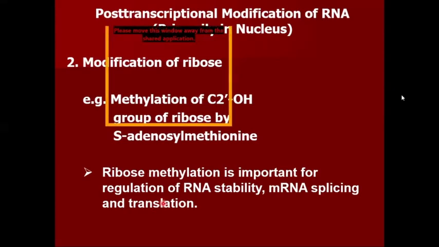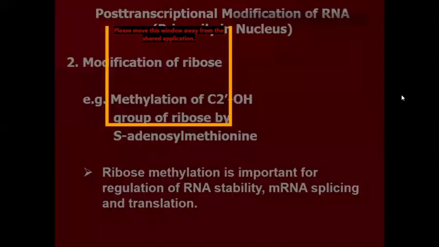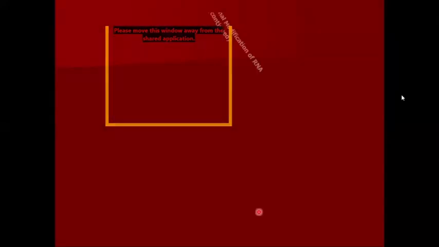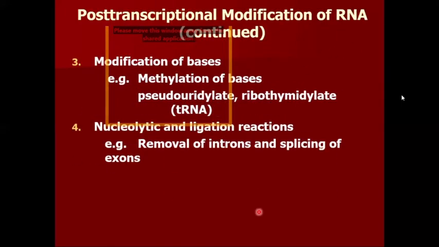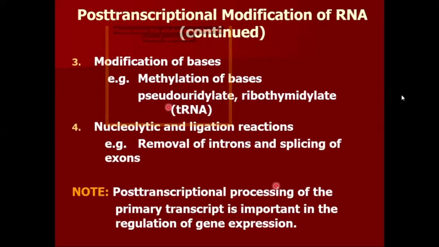And it is important for the regulation of RNA stability, messenger splicing, and translation. You can also modify the bases. And that's the reason why the transfer RNA is different from messenger RNA and the ribosomal RNA, because of the presence of unique bases.